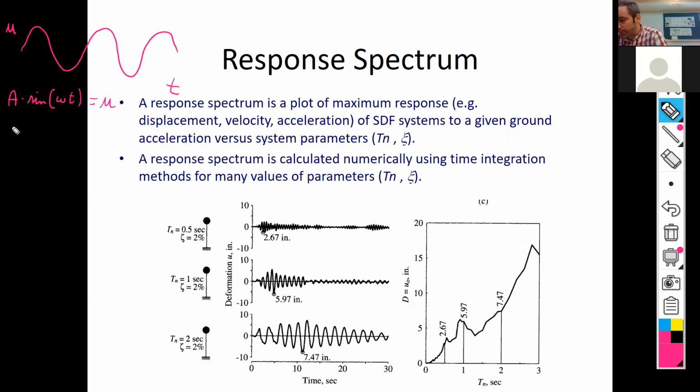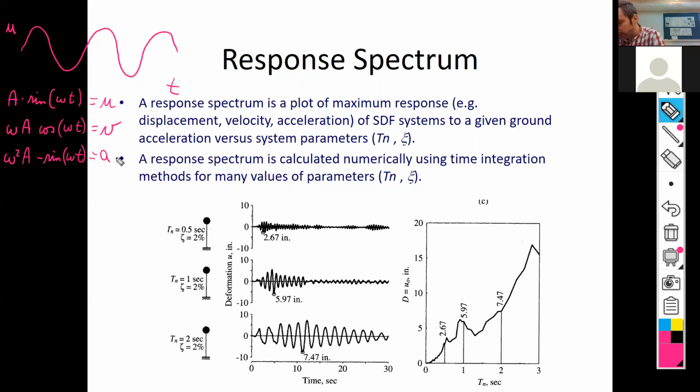So the speed is going to be omega times the cosinus of omega t, because that is the derivative. And the acceleration is going to be omega squared times A times minus sinus of omega t.